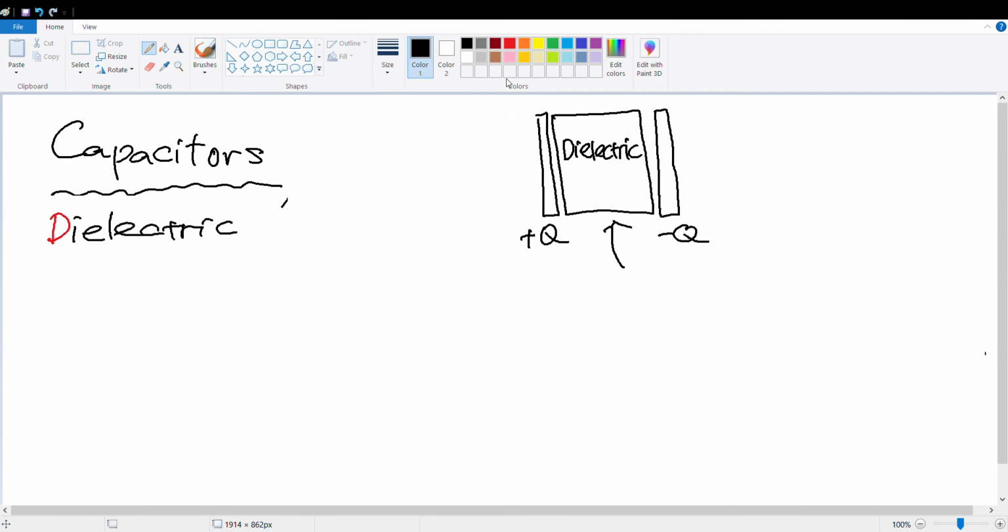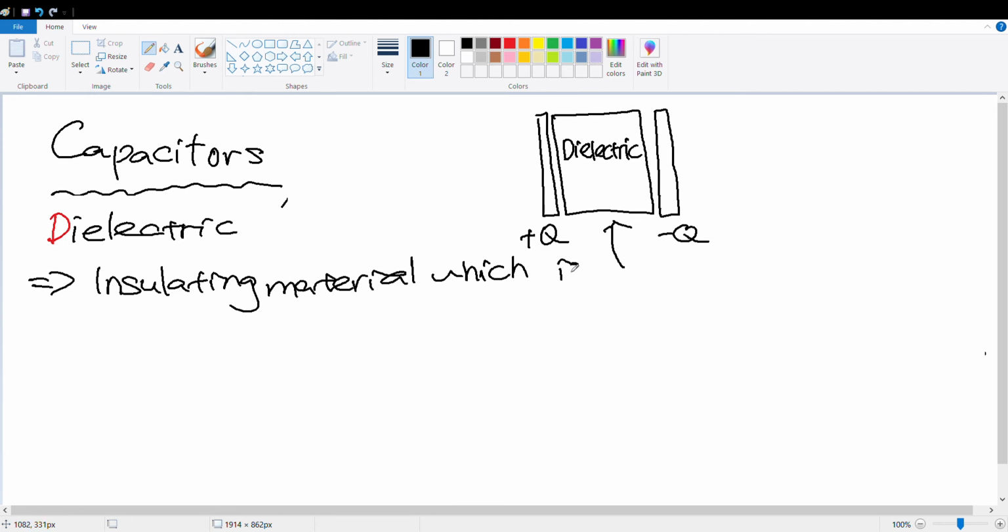Before that, we need to know what the dielectric actually is. The dielectric is an insulating material which is inserted between the two plates.